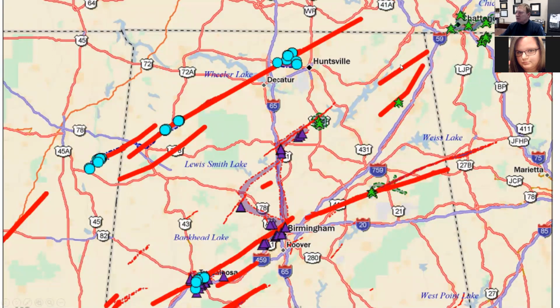But most of the damage was right here in northeastern Alabama and northwestern Georgia. And then there were also a series of storms that came just north of Atlanta. There was also some damage south of Atlanta. I don't see that in this, but I know it was there. I spent a couple of days down there.